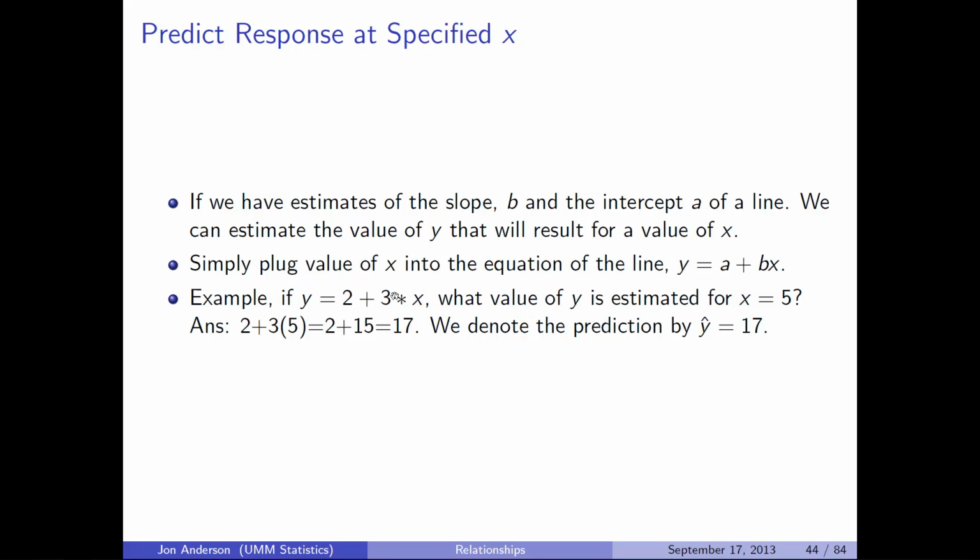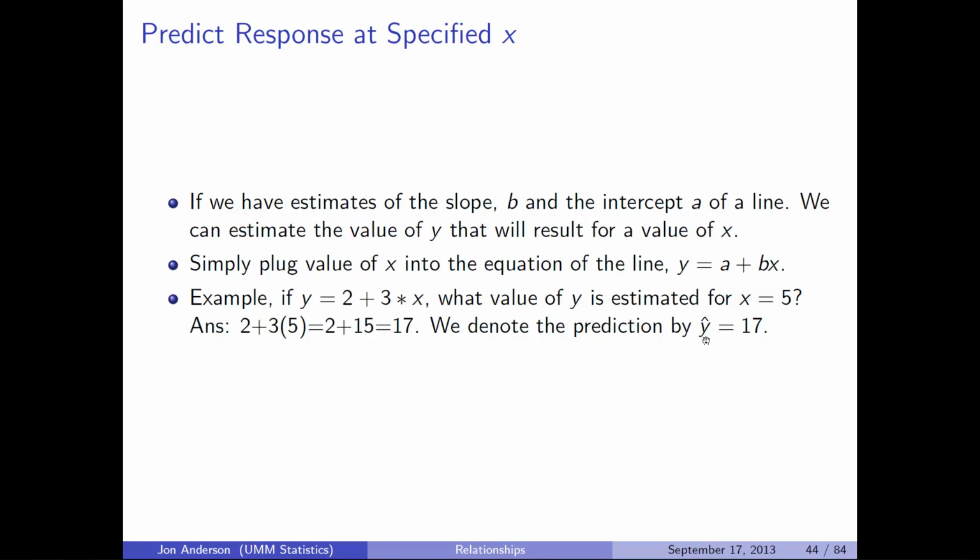Well, if that's the summary equation of the relationship, the straight line that summarizes the relationship, if we plug in a value of x equals 5, right in here for the value of x, we'll have 3 times 5, which is 15, and then we add 2 to it, and that will give us an estimated response of 17.